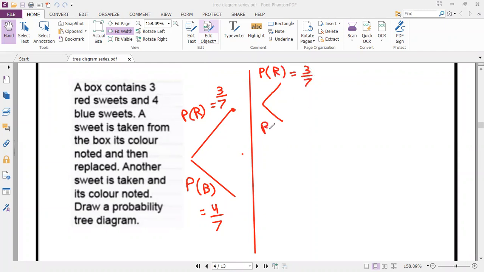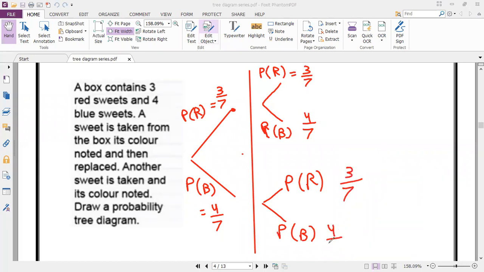And probability of getting blue, P(B) equals 4/7. For the second time after blue, we have R and B. The same. Probability of getting red, because we replaced it, will be what? 3/7, and this one 4/7. That's right. Let's go to the next one.